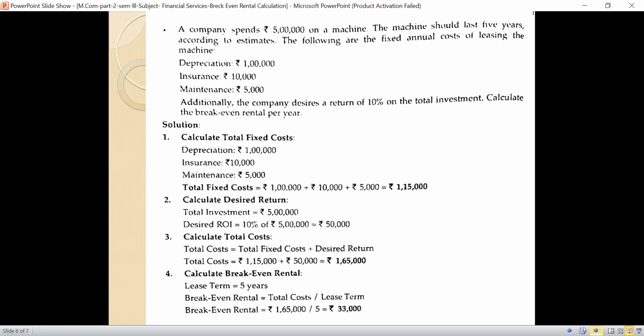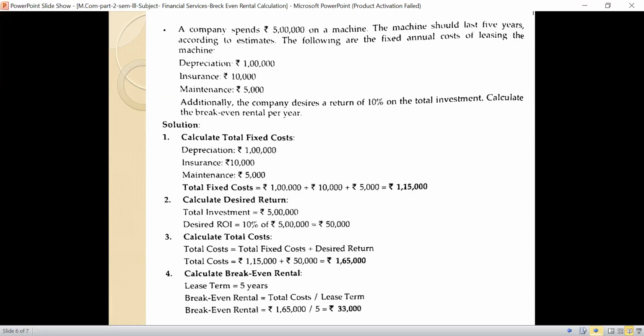Total cost is equal to total fixed cost plus desired return. Total cost is equal to total fixed cost 1,15,000 plus rupees 50,000 is equal to rupees 1,65,000.